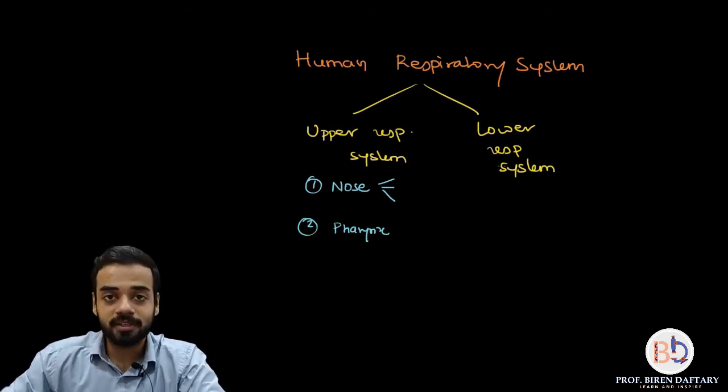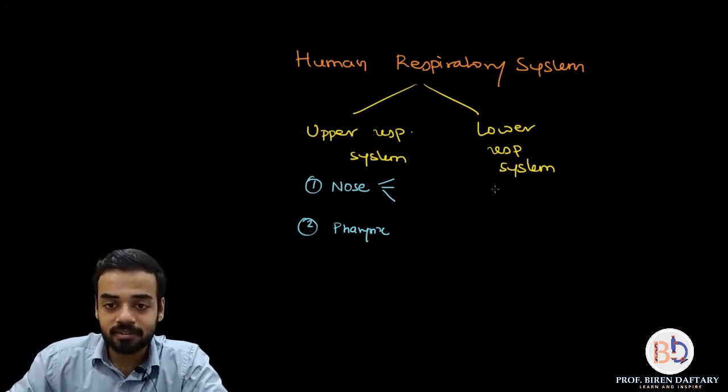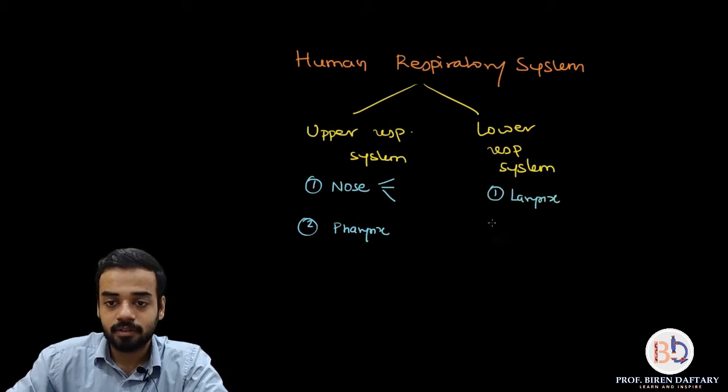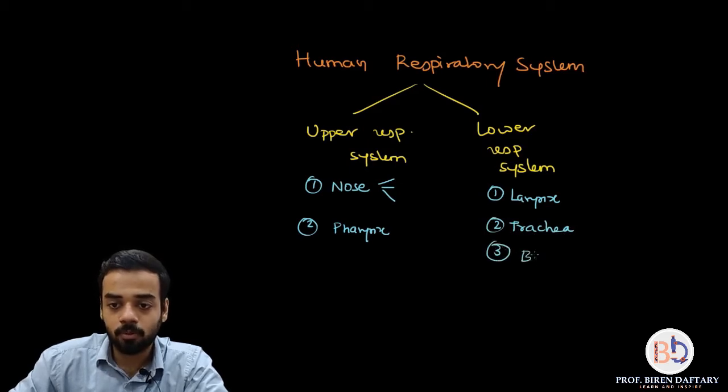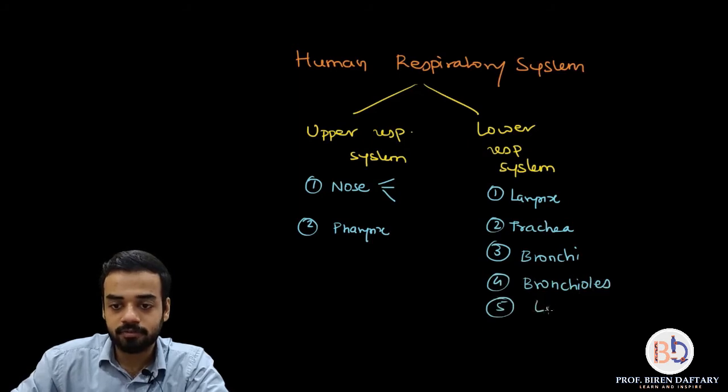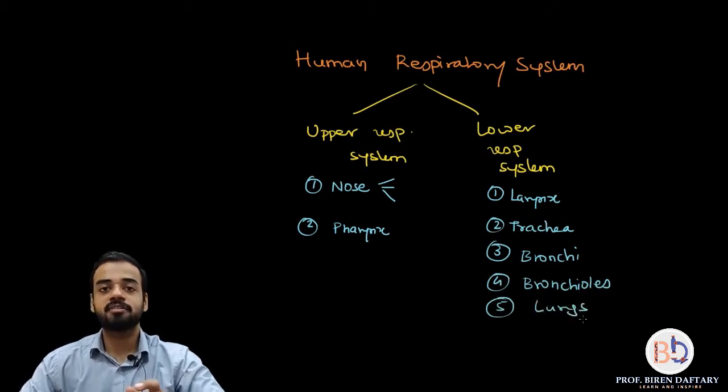The lower respiratory system is basically made up of the larynx, then the trachea, the bronchi and bronchioles, and finally the last part, the lungs. So this is just the summary of your entire respiratory system.